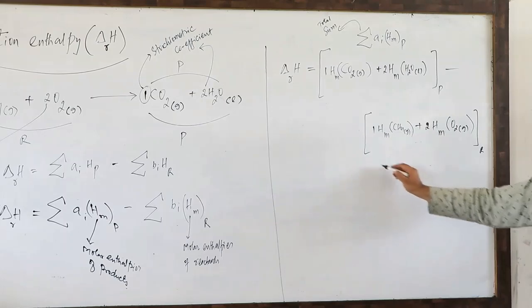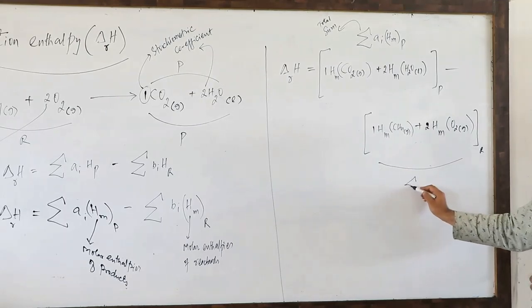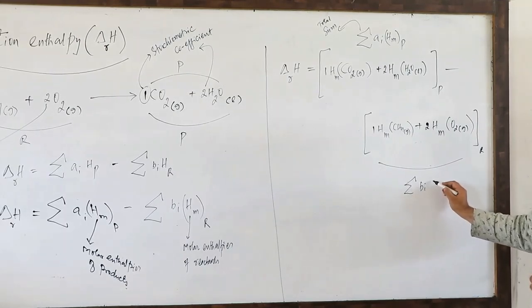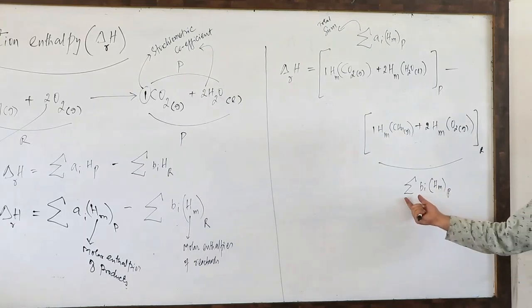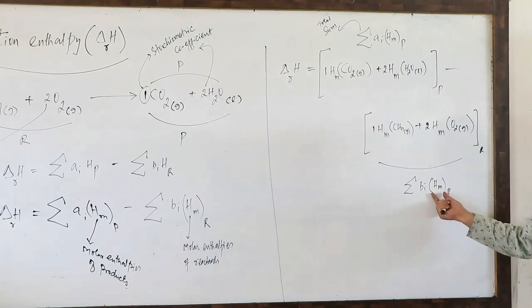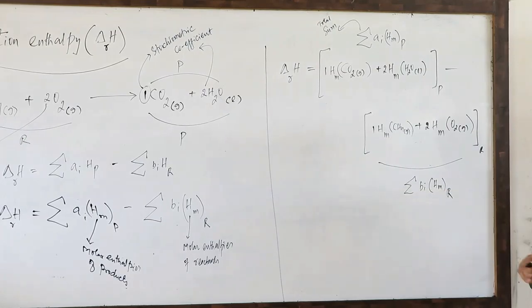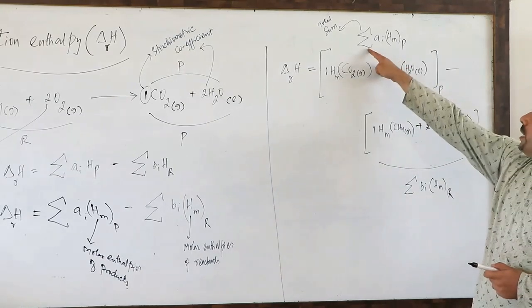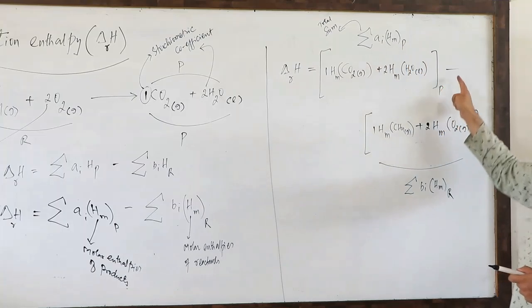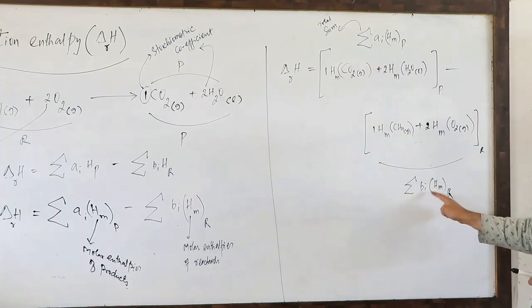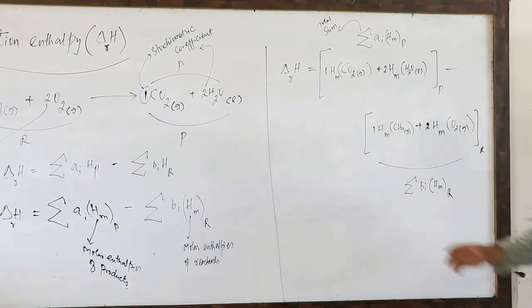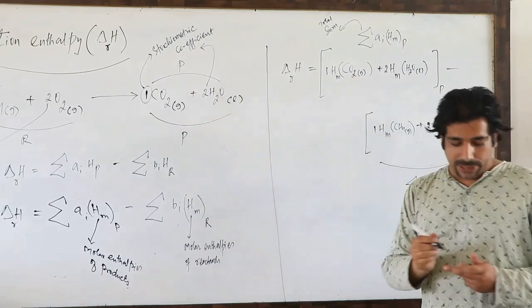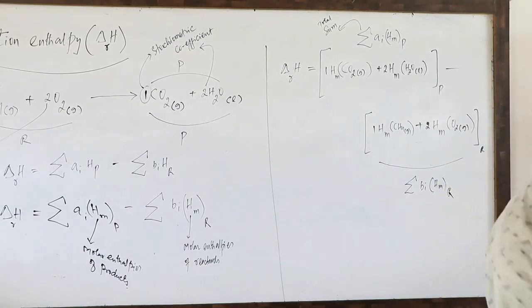For this we have an expression, summation of νi times Hm, that is the sum of the molar enthalpies of reactants. So the sum of the molar enthalpies of products minus the sum of the molar enthalpies of reactants will give me the delta HR.